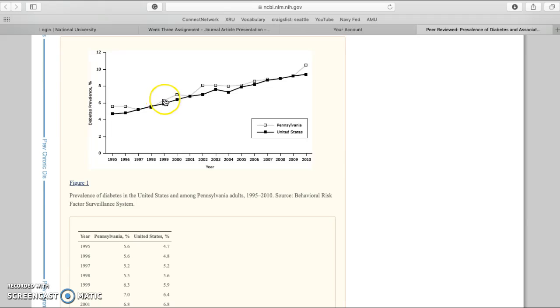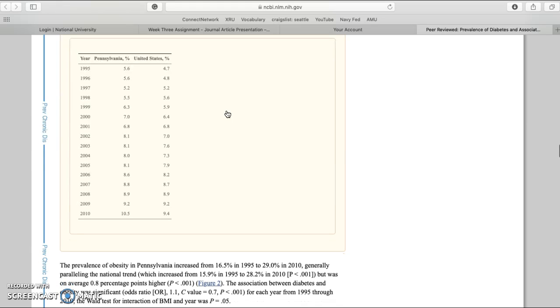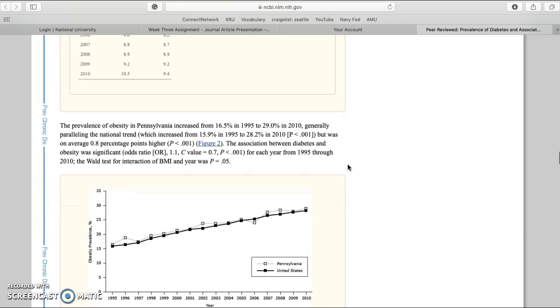You see it's pretty much higher almost every year, except it looks like 1998 was the only year that was lower than the United States average, which reflects right here, 5.5, 5.6.